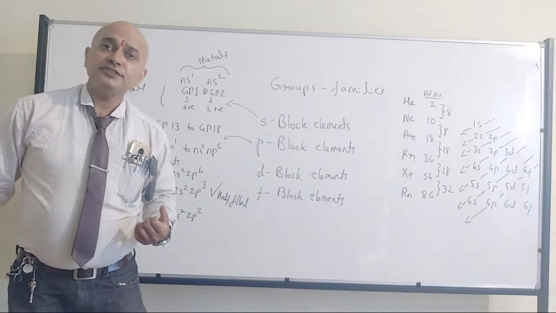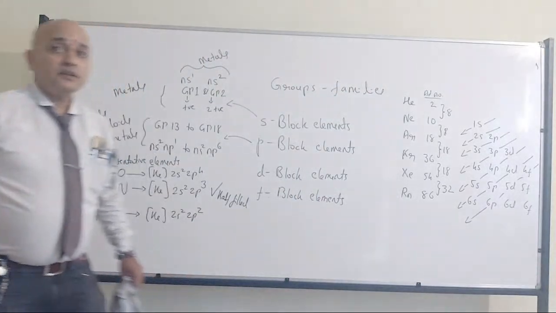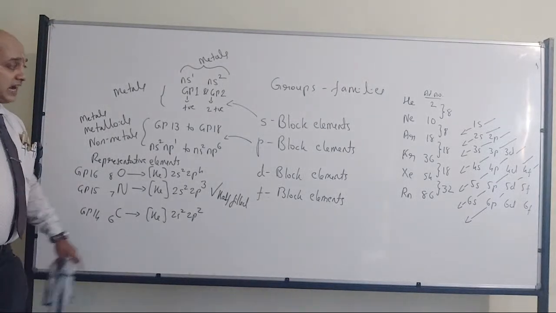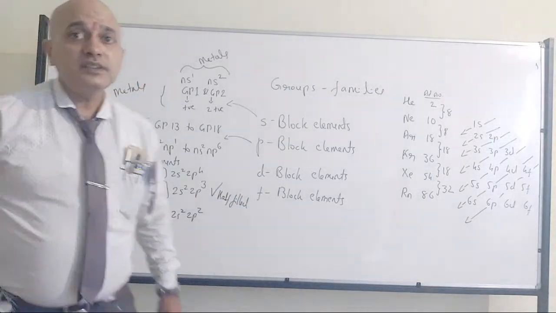All of you have studied in atomic structure that completely filled and half-filled orbitals are considered stable electronic configurations. All of you have understood? Any doubt? Anyway, I will stop here. In tomorrow's class, we have to discuss D and F block. But any doubts here?